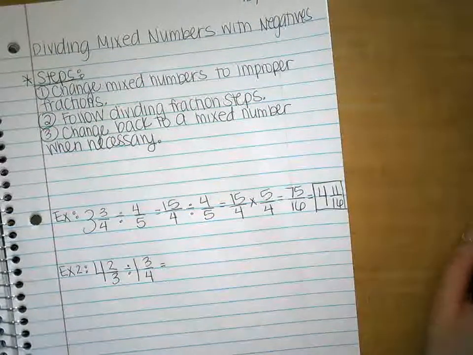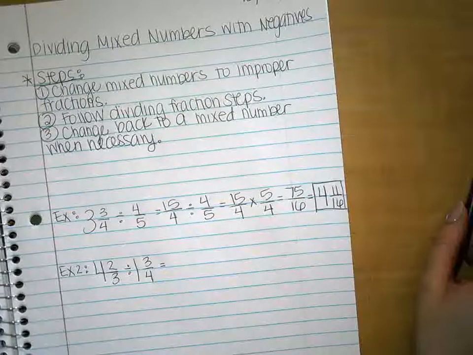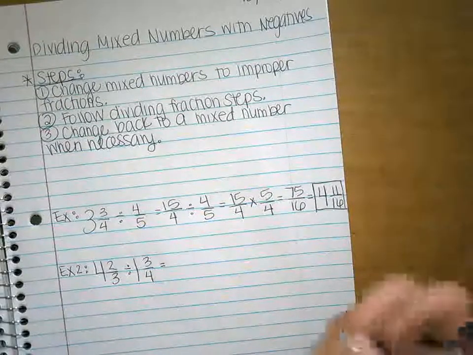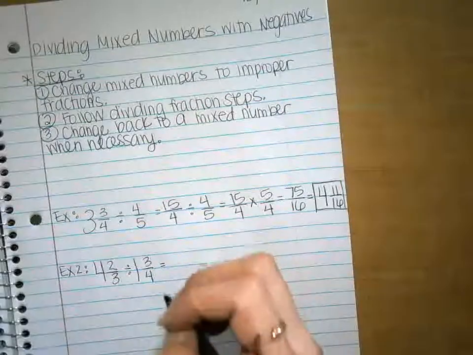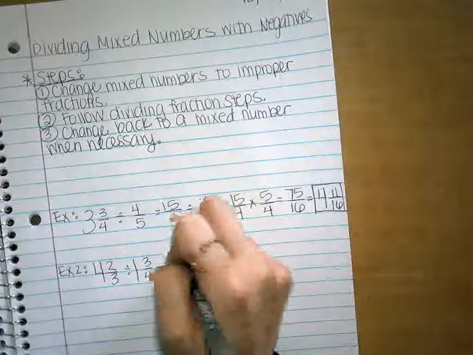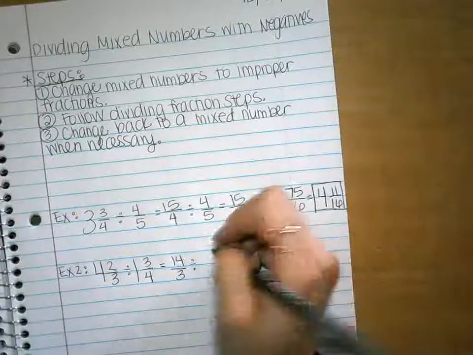Change to improper fraction. Good. Change them to improper fractions for me, please, everyone. Four and 2/3 changes to what, everyone? 14/3. And I'm going to divide that by what? 7/4.